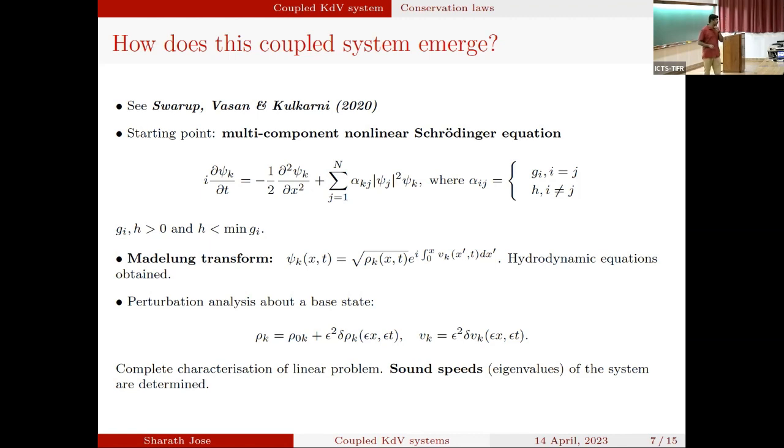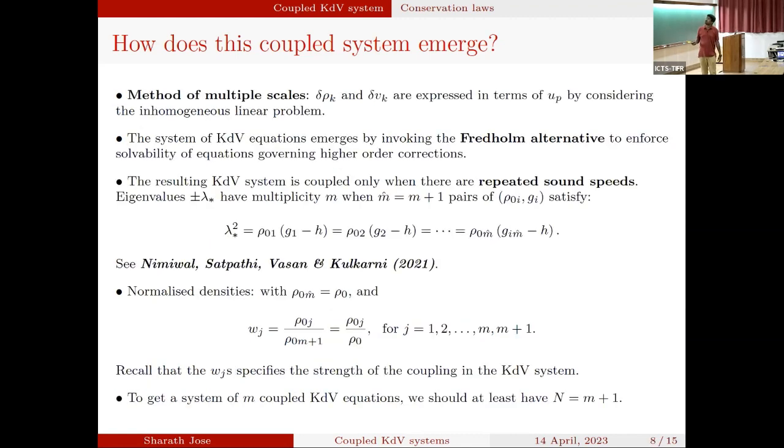We can obtain all the eigenvalues and the corresponding eigenvectors, which is important because we can then express these perturbations in terms of those field variables UP, which were the final variables which appear in the coupled KdV system. The KdV system itself emerges when we enforce the solvability condition for higher order corrections.